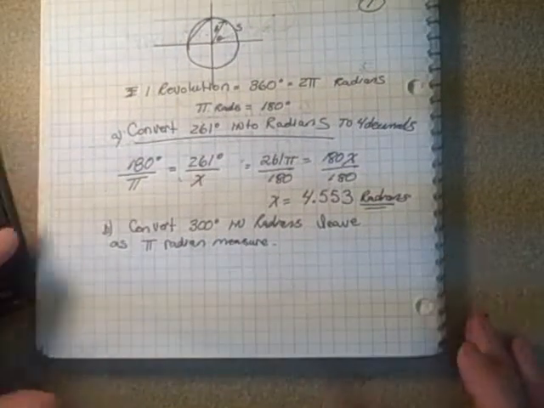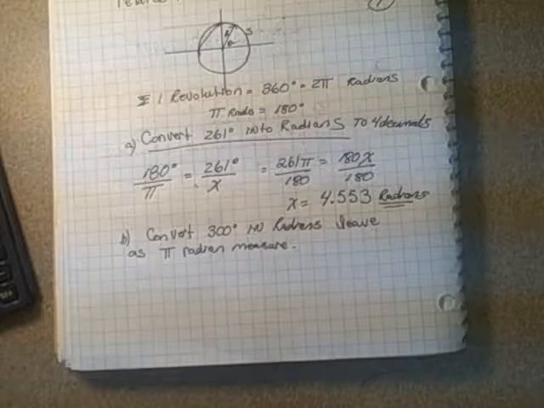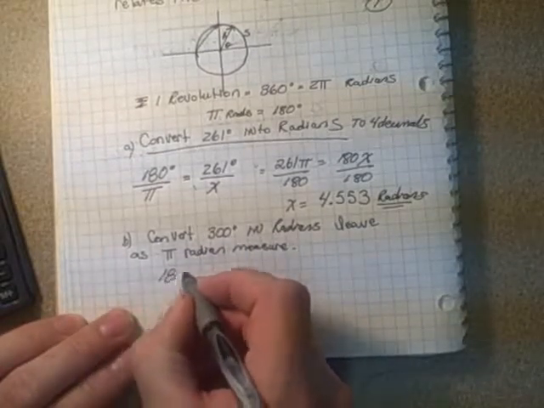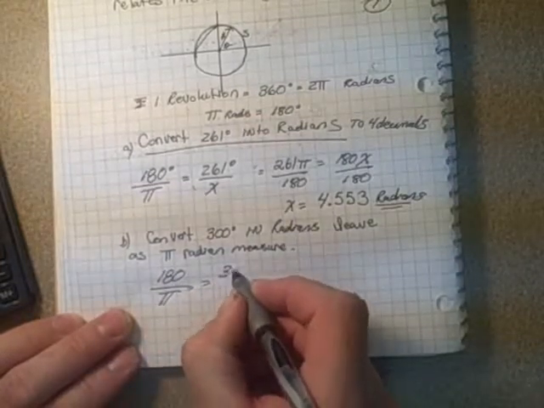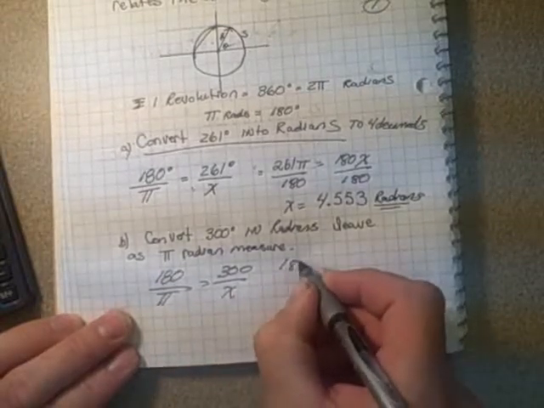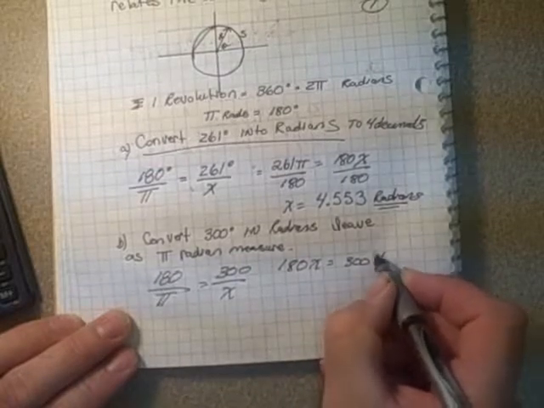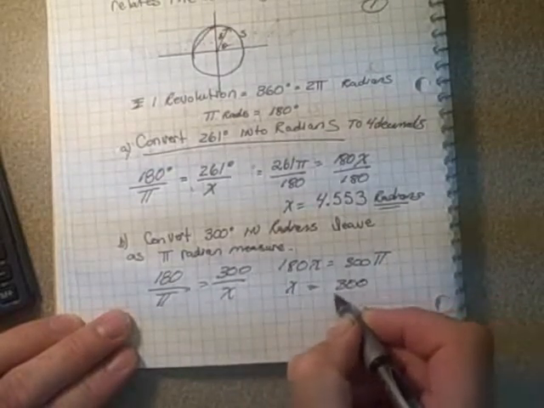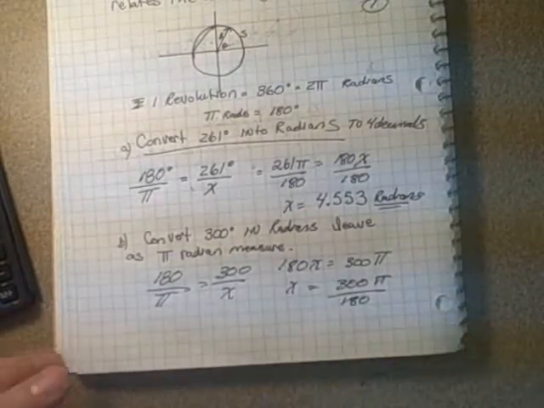Okay, a similar thing: sometimes you can get perfect reducings here. So if I had 300 degrees, I've got 180 over pi, that's the ratio, is equal to 300 over x. So 180x equals 300 pi. Divide by 180, x is equal to 300 pi over 180. Now we can reduce it.